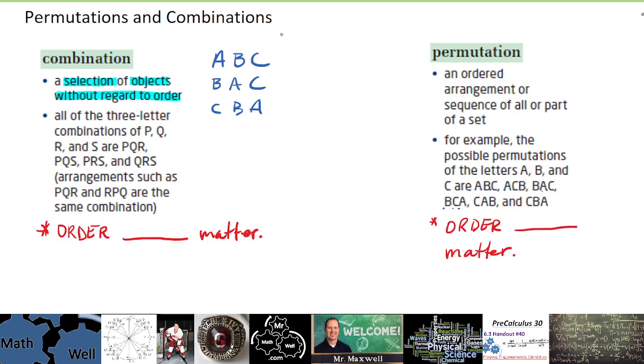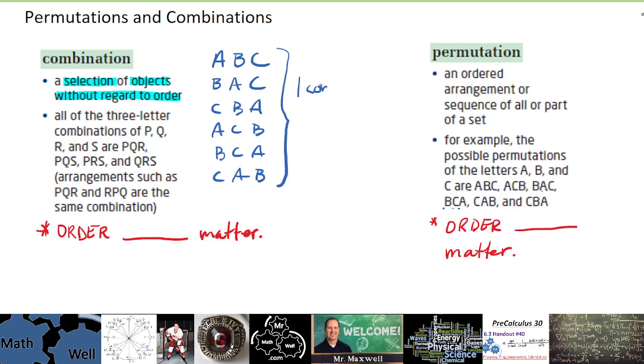So we have A, B, C. We have A, C, B as well. That's a little different order than the first one. We also have B, A, C, and we have B, C, A. That's a little different order than the second one. We have C, B, A, and we have C, A, B. Those are all the different rearrangements we could make of those three letters. But this is all one combination.